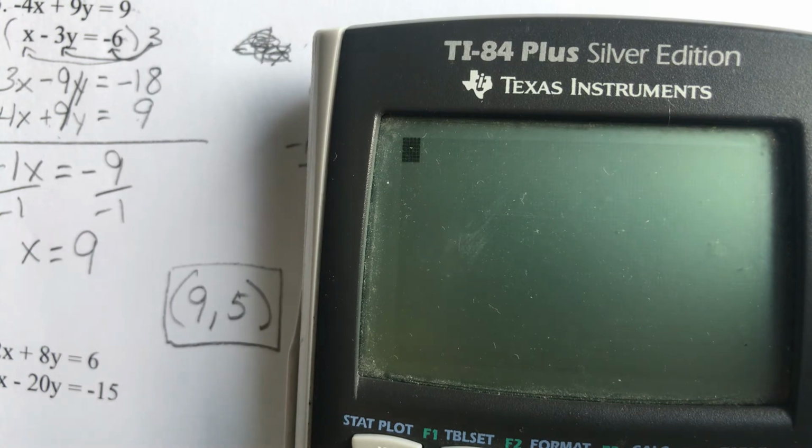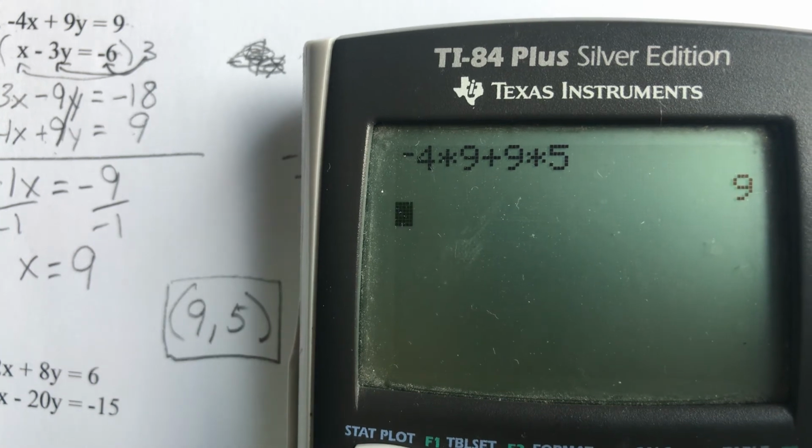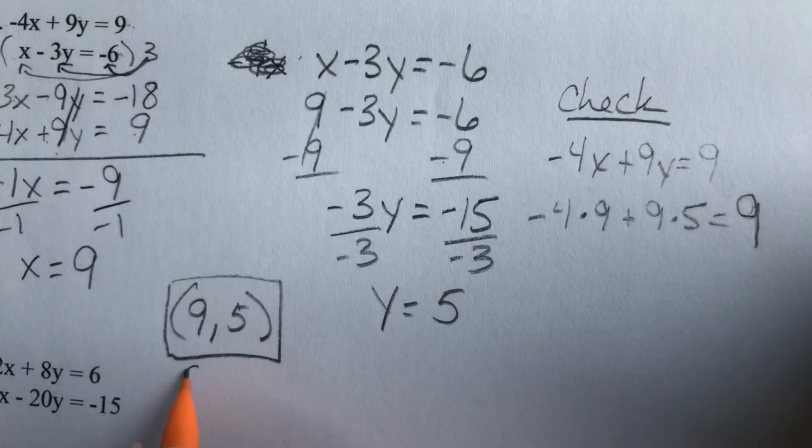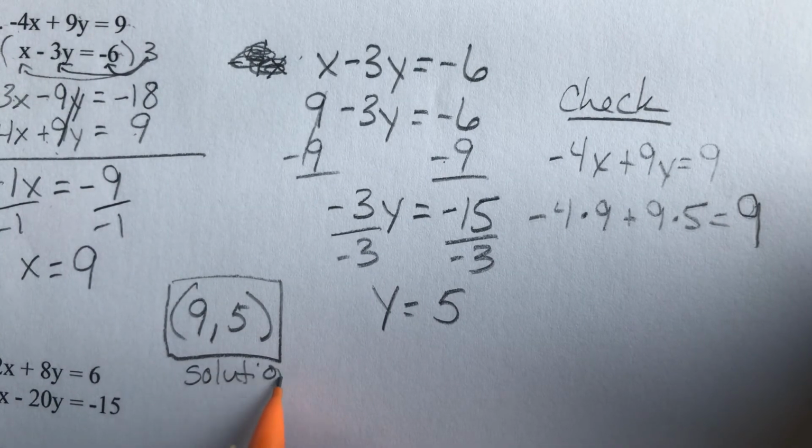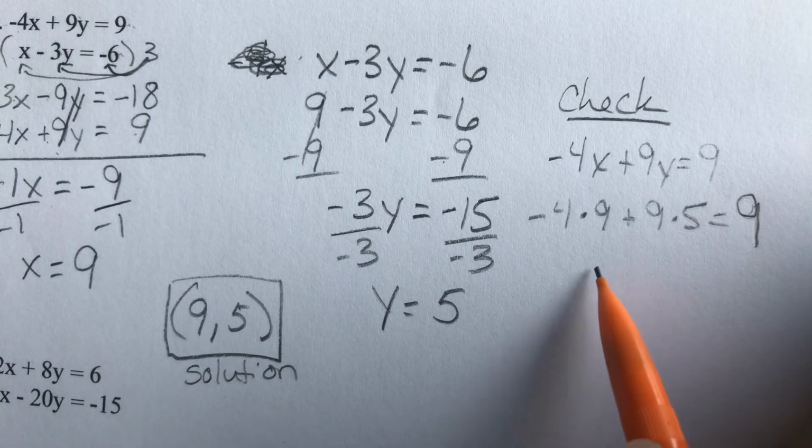So negative 4 times 9 plus 9 times 5. I want to see 9, and I did. Awesome. So I know I did that correctly. My solution, okay, 9 equals 9. It worked out for me.